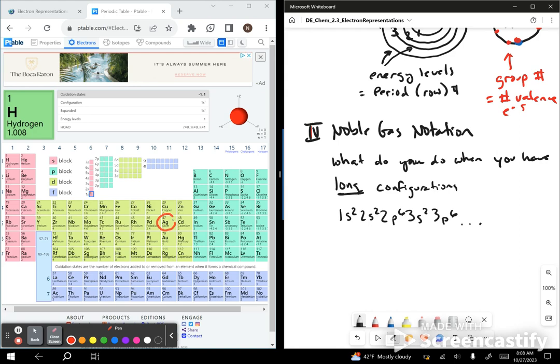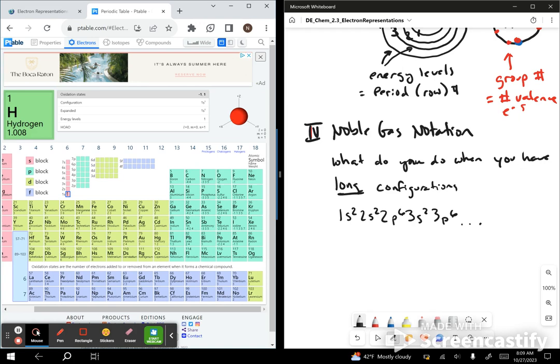Well, no, you can actually have a shorthand, a little shortcut method. And what you do is you take a look at the periodic table. Ag was right here. So you go all the way to this very last column. These are your noble gases.